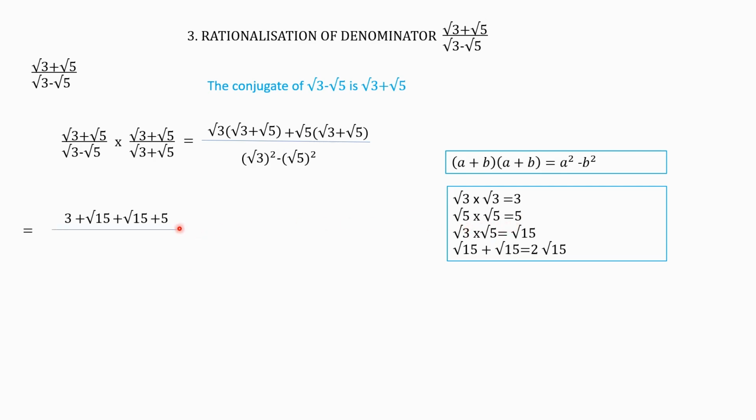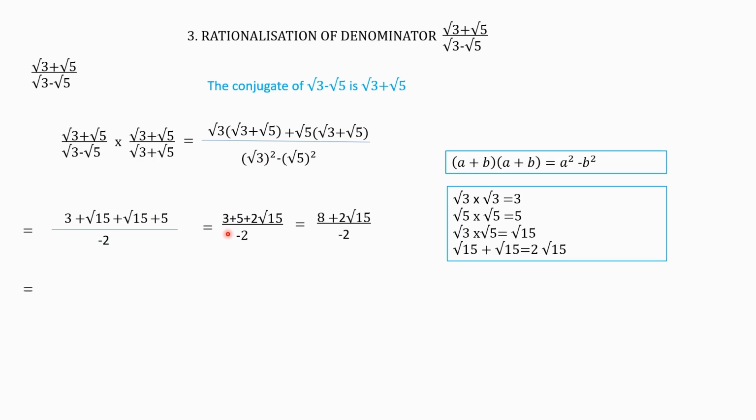Now, we have 3 plus root 15 plus root 15. We get 2 root 15 and plus 5, divided whole by 3 minus 5 as minus 2. Now 3 plus 5 is equal to 8, and 2 root 15 divided whole by minus 2. Let us segregate 8 by minus 2.